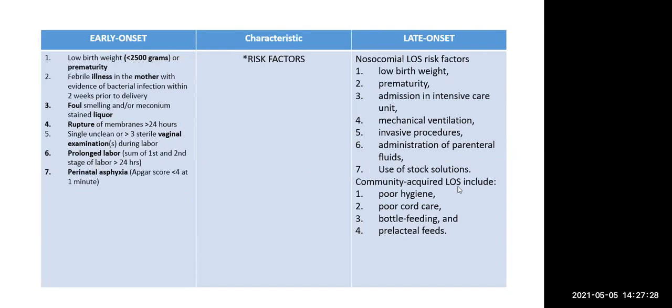For example, admission to NICU and interventions we did, the invasive procedures like intubation, ventilation, and central lines. For community acquired, it depends. For example, sometimes RSV is more common, and it's seasonal. So in seasons where RSV is common, they'll get RSV. Usually also poor hygiene lah.